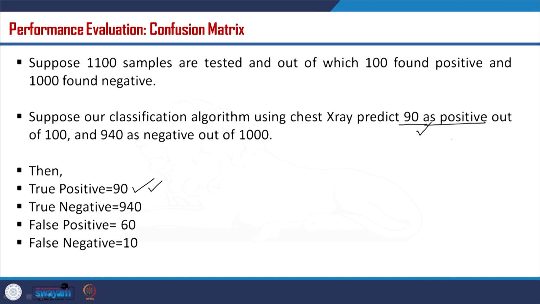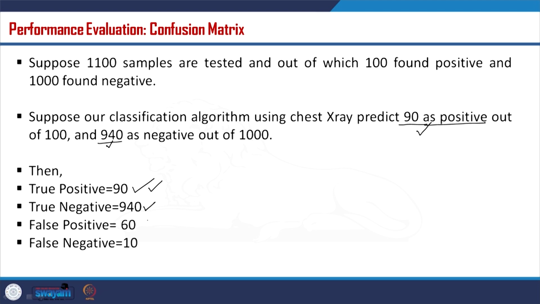What is true negative? True negative is 940. True positive means samples that are predicted as positive from the positive data. True negative, the negative predicted samples from the negative one. So, they are 940.